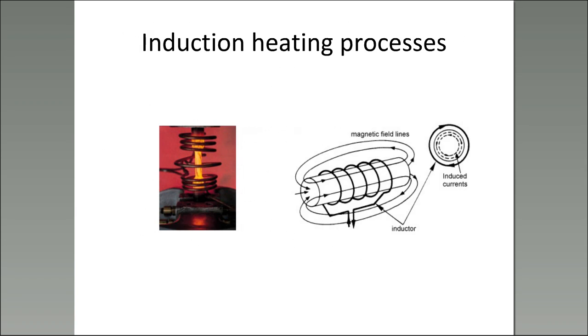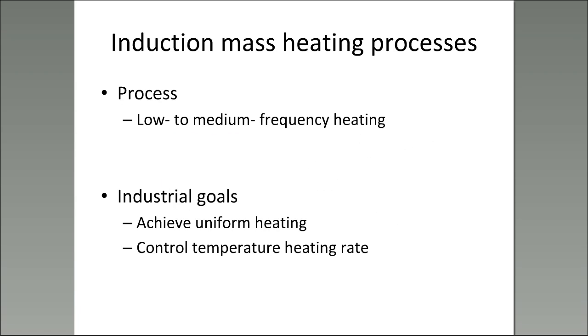So in induction heating processes, as you know, you have a part which is being heated by a cylinder through which runs an alternative current. And so you generate induced currents in the workpiece.